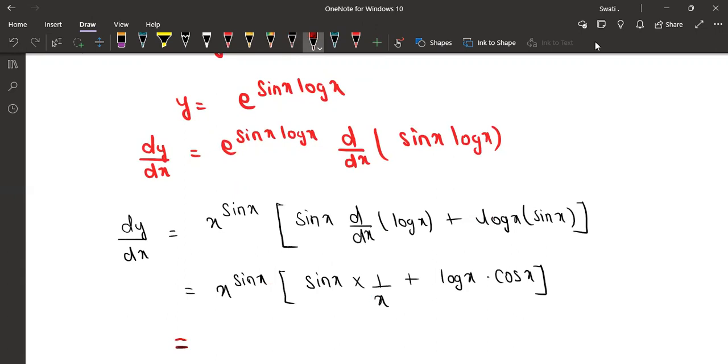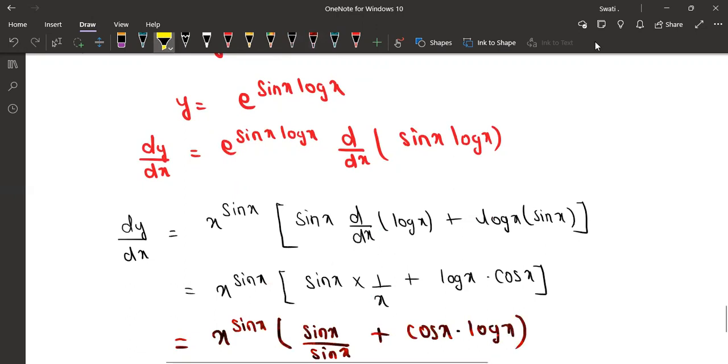So therefore, the final answer we are getting is x raised to sine x, in bracket, sine x over x plus cos x into log x, or log x into cos x, whatever you want to write down. And this is our final answer. So this is the value of dy/dx.